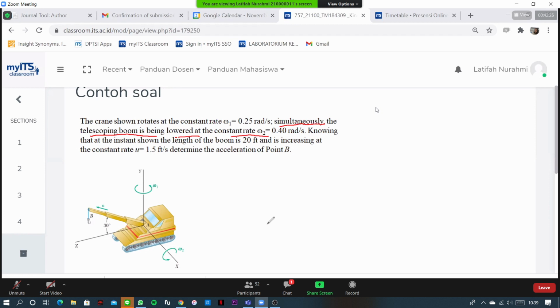Now, we are living in three-dimensional space, okay? So your body is expanded in three-dimensional space. We are not living in two-dimensional space. So let's imagine we have X and Y and Z, and always draw the axis by using the right hand rule.